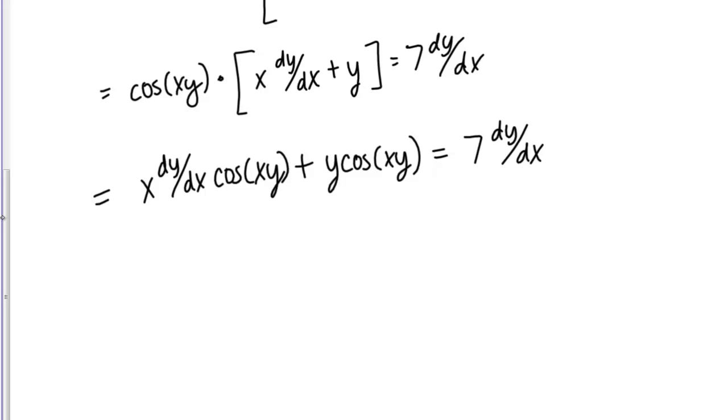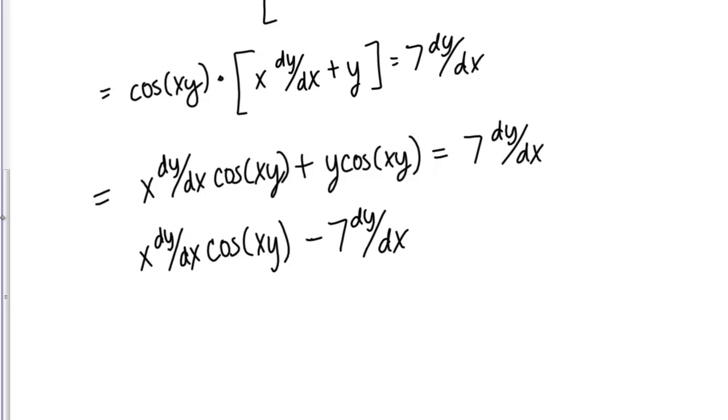The easy way to remember to do this is you want to start by moving all terms with a dy/dx to one side of the equation, and all terms without a dy/dx to the other side. In my case, on the left-hand side, I'll have x dy/dx cosine xy minus 7 dy/dx. I moved that term that was on the right to the left-hand side.